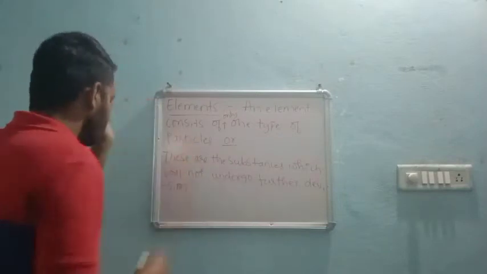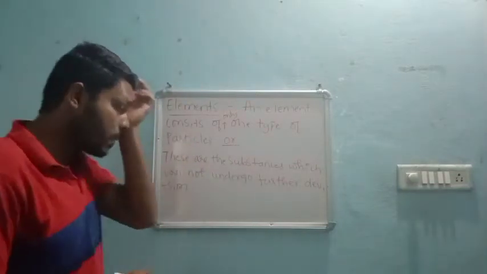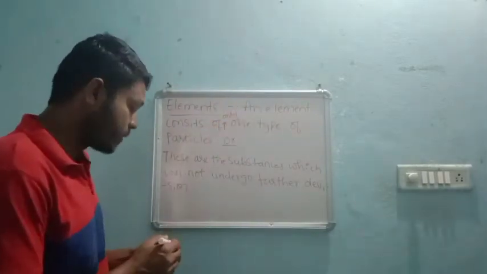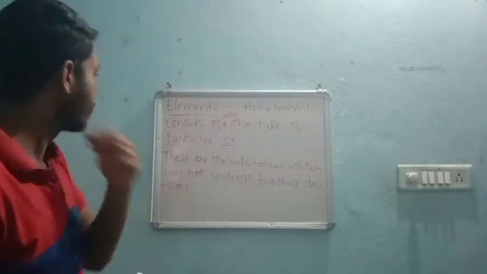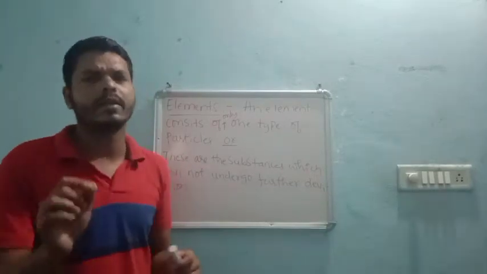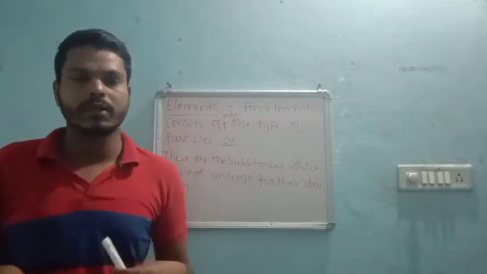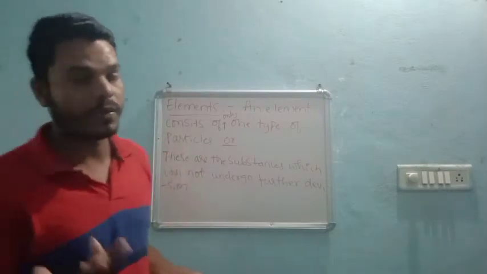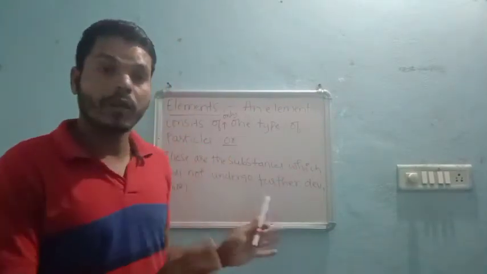So this is about the element. An element consists of only one type of particle. There are no mixtures like water. In water, what do we have? Two types of elements, H and O. Not like that.